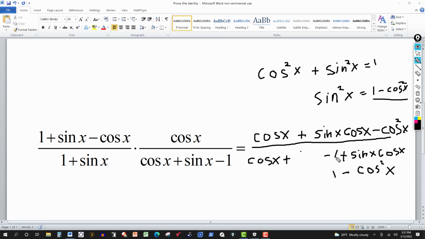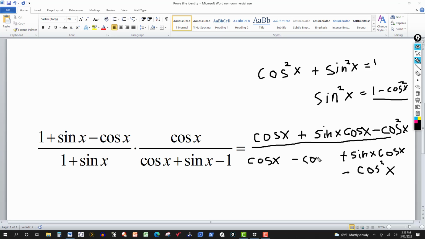So here we have minus 1. So this minus 1 and this one cancel. So what I have left, I have minus cosine squared. So let me remove these. And we put it out here. So now this is minus.